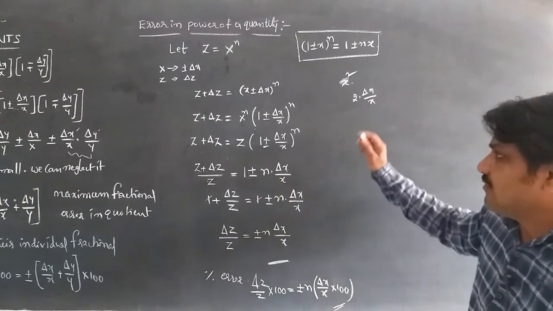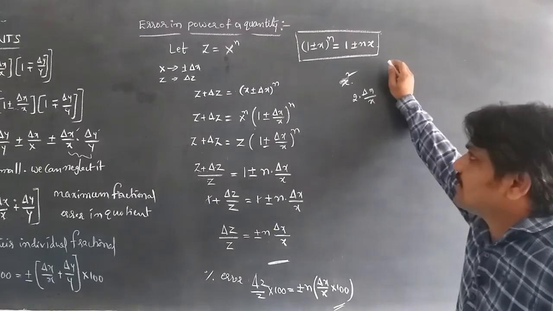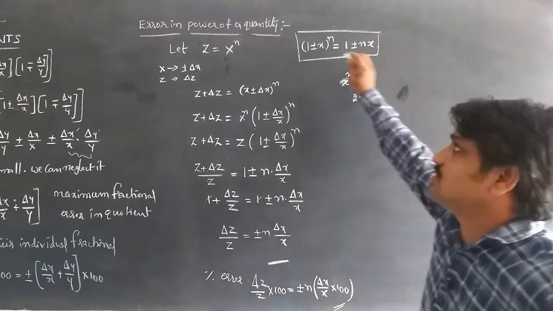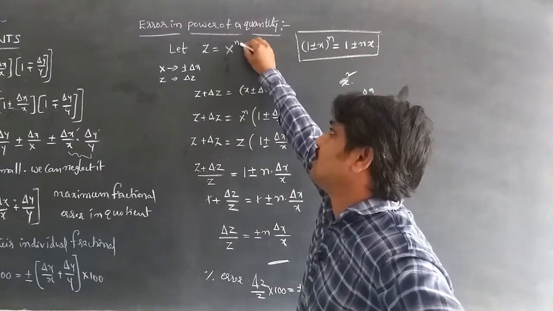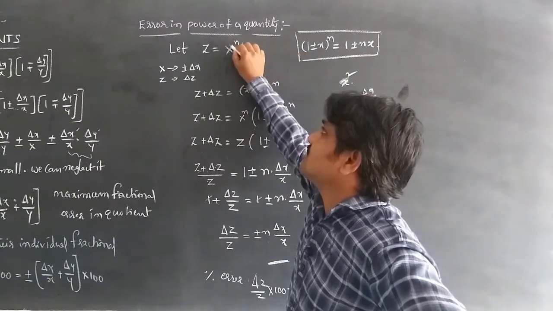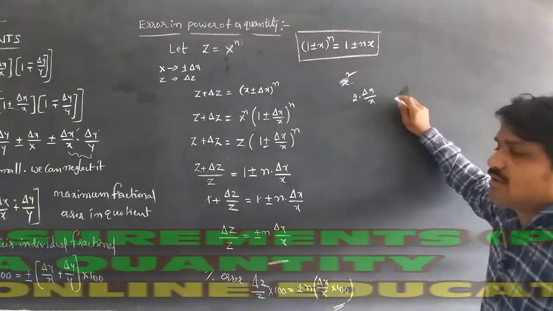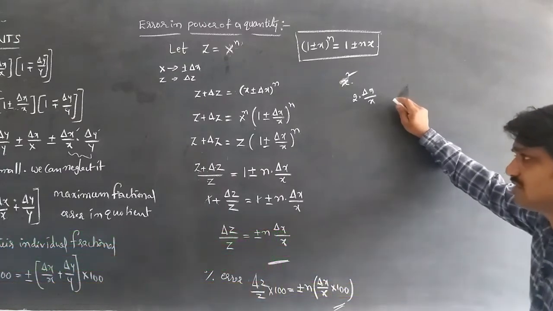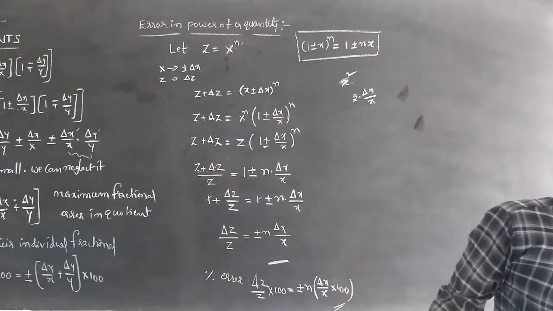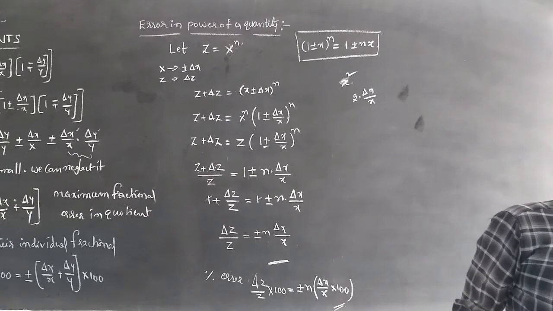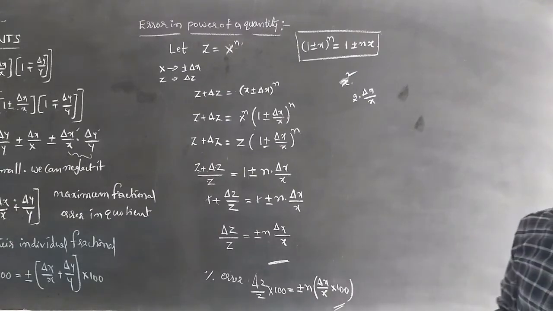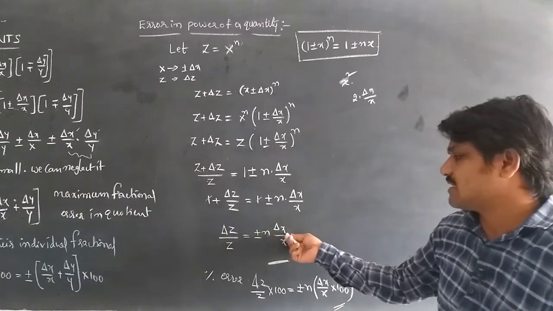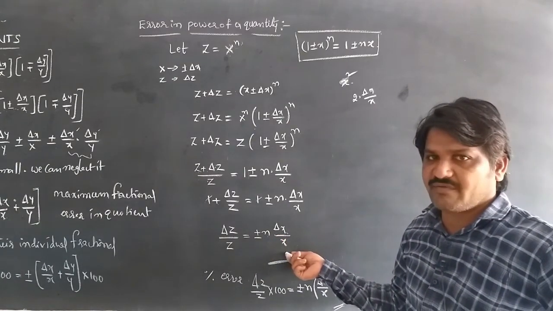Means when the fractional error is to be found for a power of a quantity, we have taken z equal to x to the power n, so the error in the power of a quantity is n times the fractional error of that quantity, where delta x by x is the fractional error of that quantity.